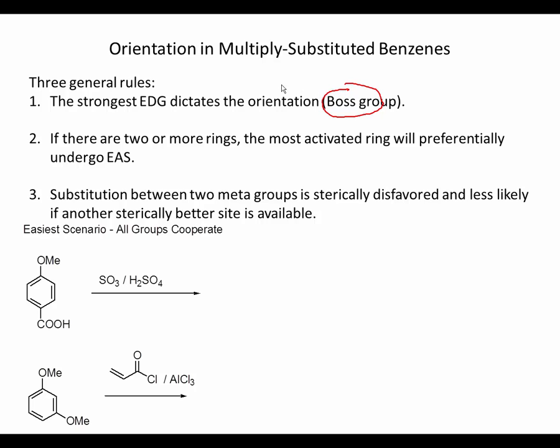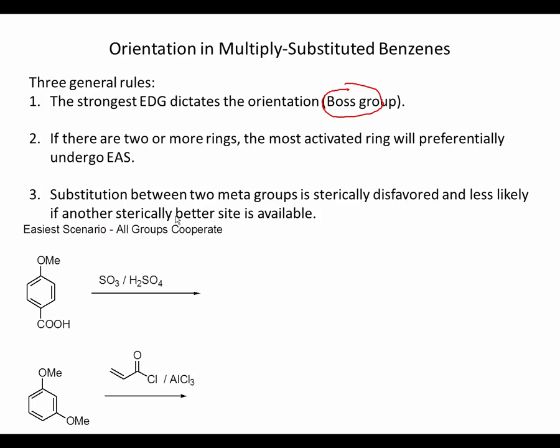If there are two or more rings, and we'll see many examples of that, the most activated ring will preferentially undergo the electrophilic aromatic substitution. And finally, if we have two groups that are meta to each other, it's unlikely that the substituent is going to prefer to go here due to steric reasons. However, if this is the only type of position you have, this is where it usually goes. But sterically, this position's disfavored.